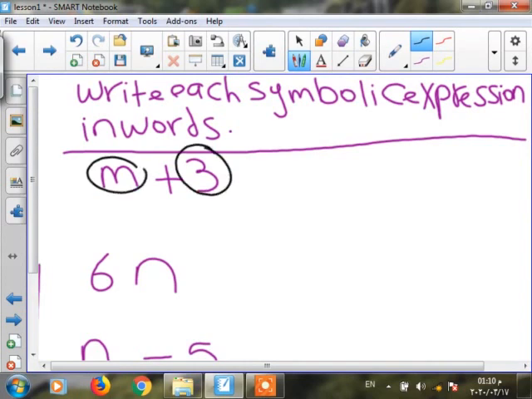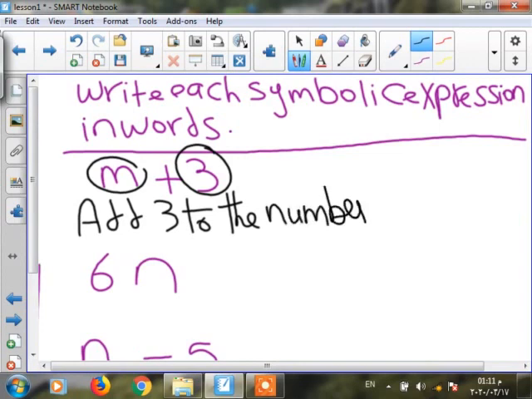How can I write this in words? Can I say add the number 3 to the number n? So number 1, I will write: add 3 to the number n.